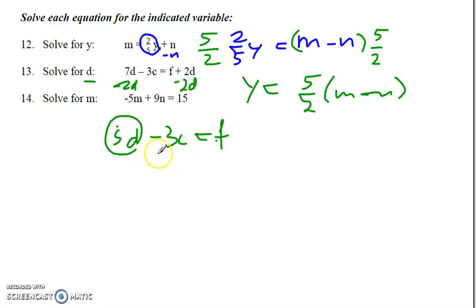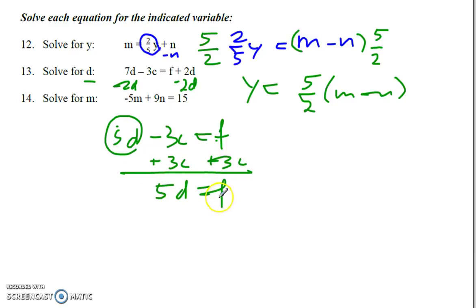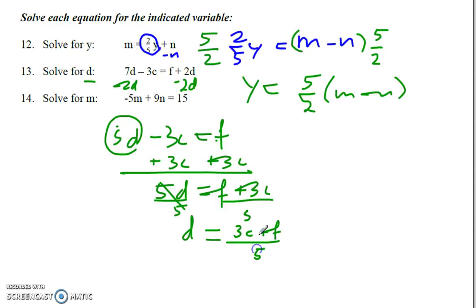Get the d by itself by adding 3c to each side. 5d is equal to f plus 3c. Divide by 5. And d is equal to, I'll put this in alphabetical order, 3c plus f over 5. If you wrote f plus 3c over 5, that's fine.